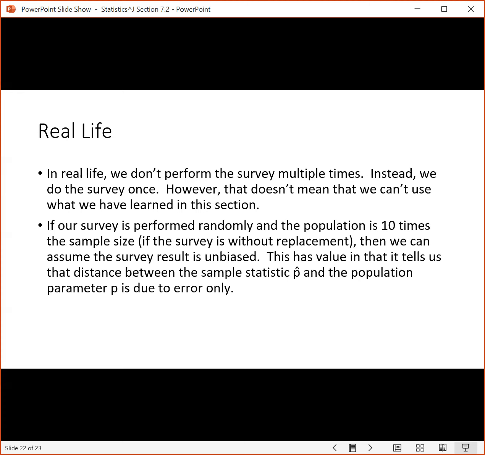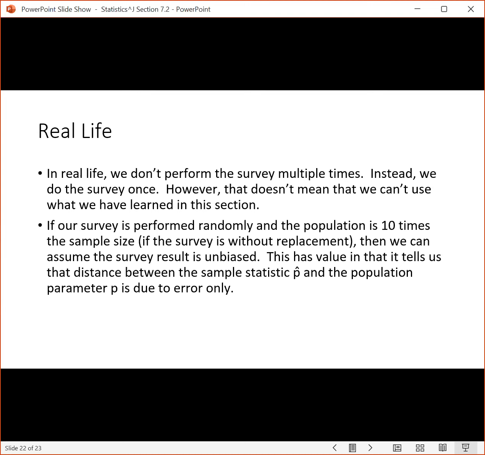So if we're estimating the percentage of the population that are Democrats, let's say that we knew that was 40%. Now we don't know that, but that's the point of the survey, to try and estimate that. But let's say we knew it was 40% and we got 38%. We know that the 2% error is due to the standard error.